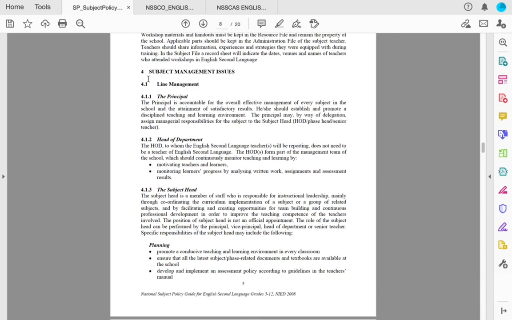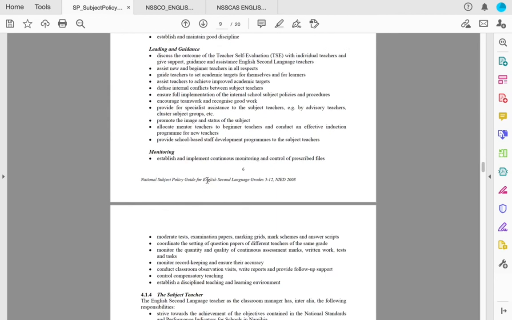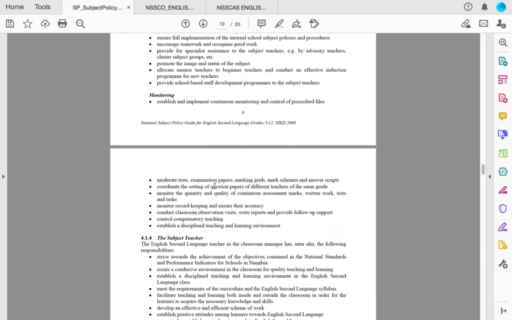And then we are moving on to the subject management issues. In the line of management, we do know that in a school the principal is at the top of the management. Then we have the HOD, and then the subject head. And then we have the subject teachers. All right.